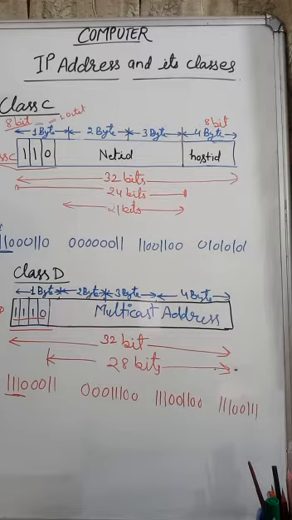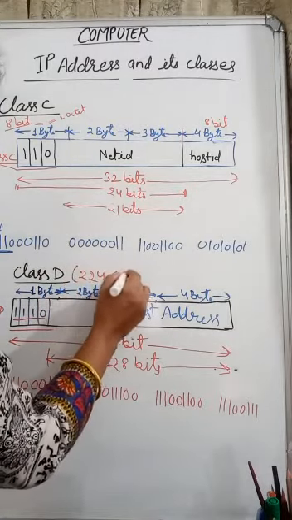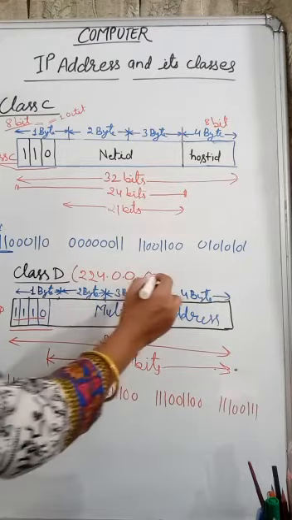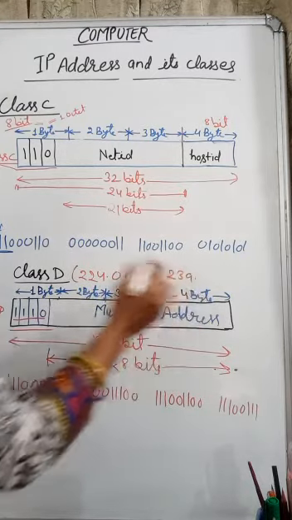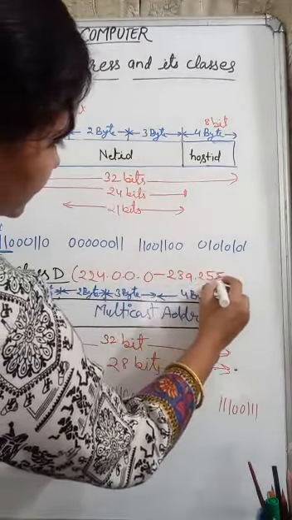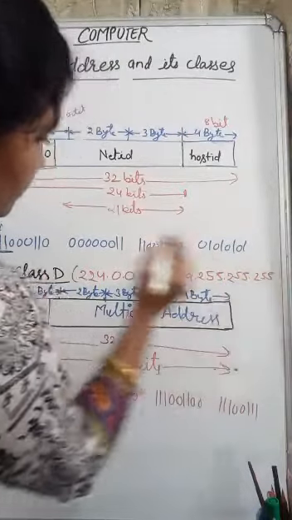This means that all IP multicast addresses are in the range of 224.0.0.0 to 239.255.255.255.